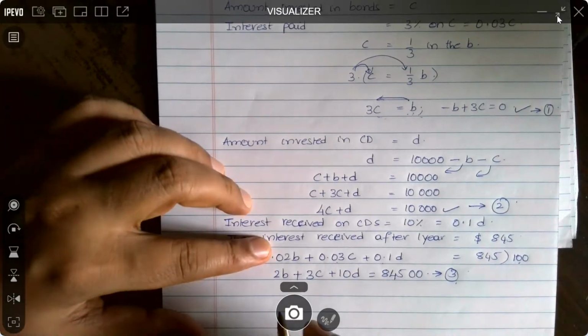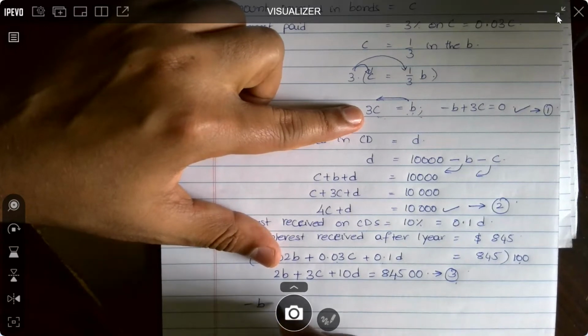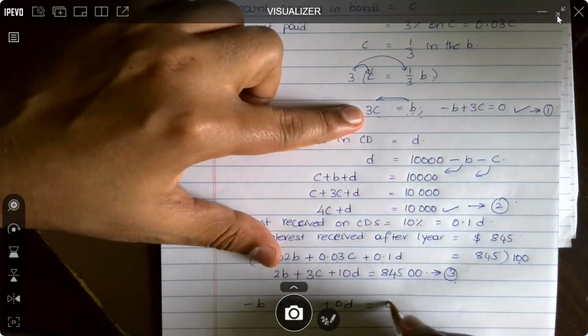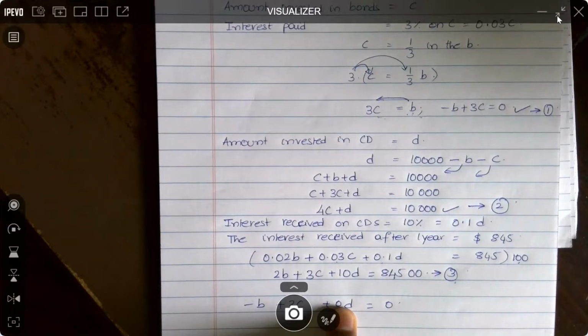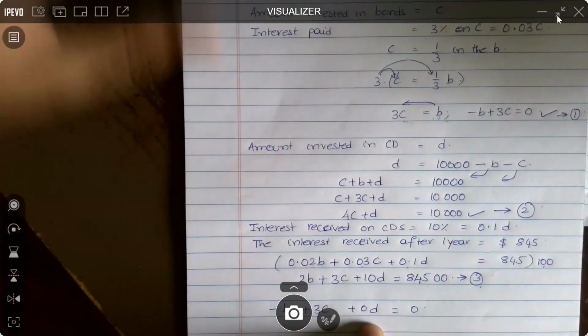So now your 3 equations, if you're really writing it out, are: negative b plus 3c plus 0d equals 0, I'm using a placeholder here.